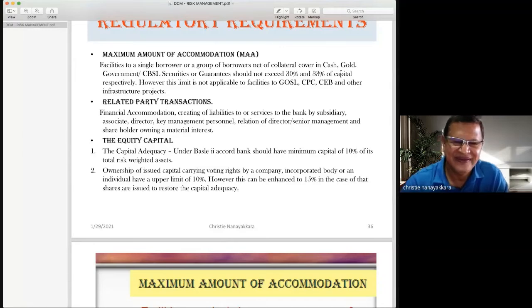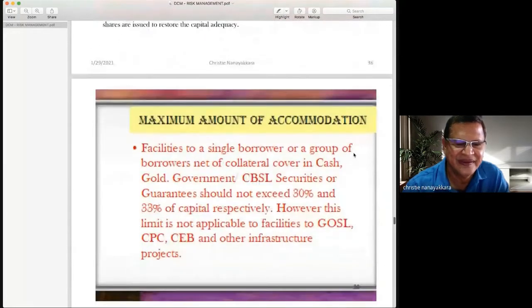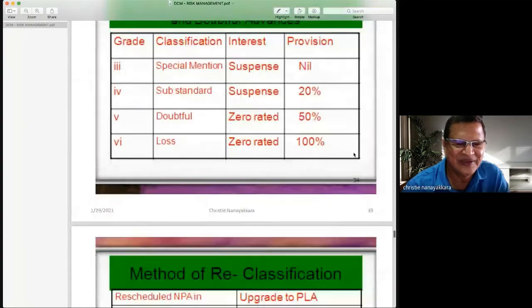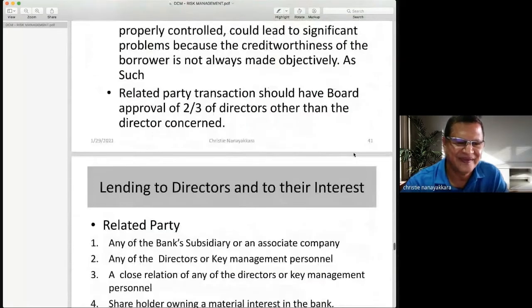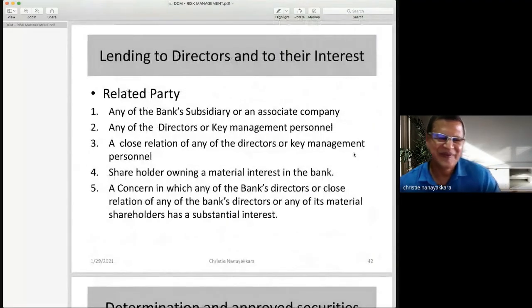Now, I will go to what related party transactions are. Who are the related parties? Most of the banks have their subsidiaries. Sometimes they have a leasing company as a subsidiary, and a building development or construction company as a subsidiary, because some of the banks have towers of their own.